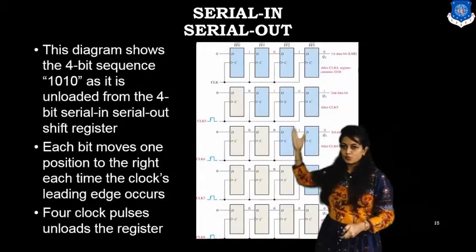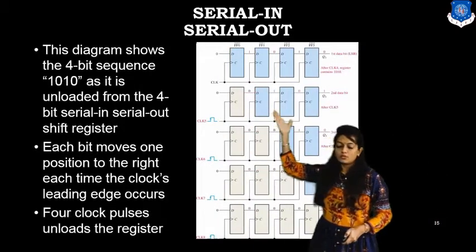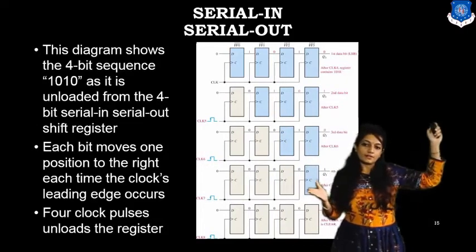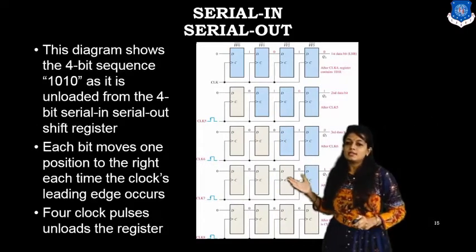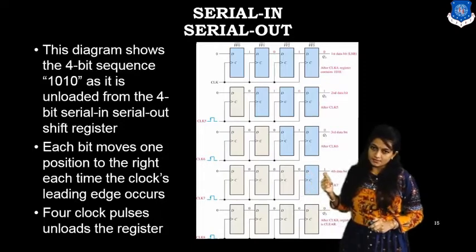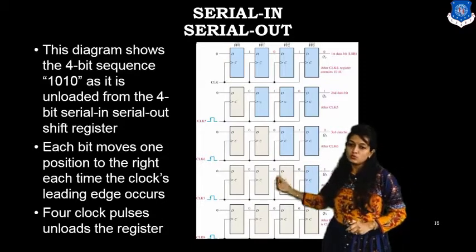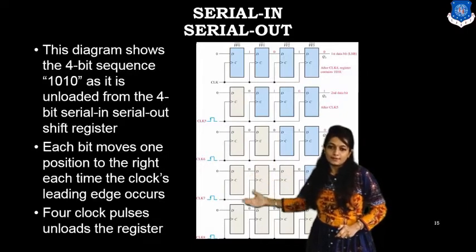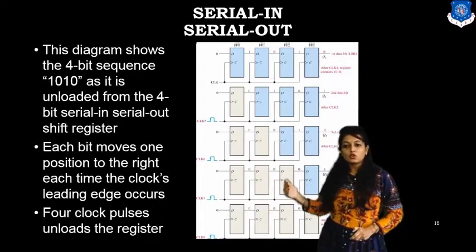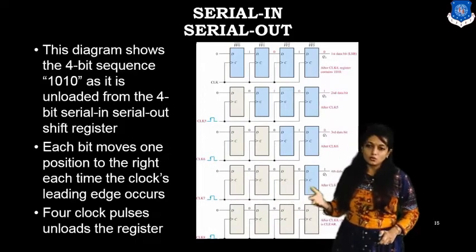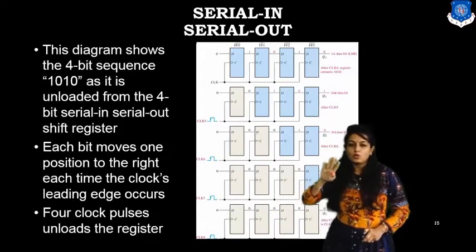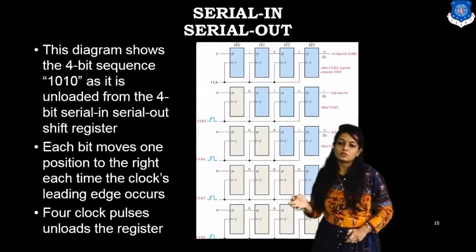So this diagram shows the 4-bit sequence 1010 being loaded and then unloaded from the 4-bit serial in, serial out shift register. Each bit will move one position to the right every time. 4 clock pulses for loading the register and another 4 clock pulses to unload the register.